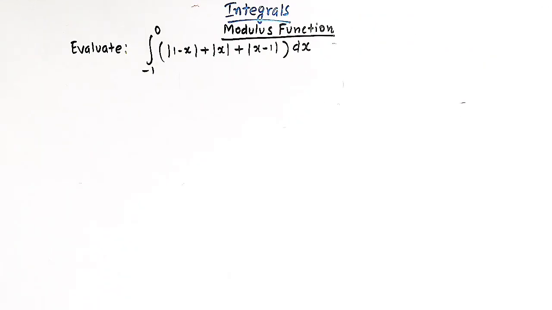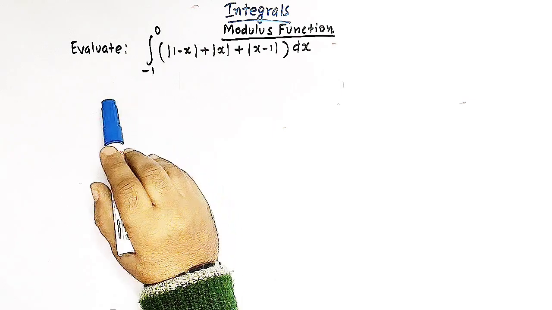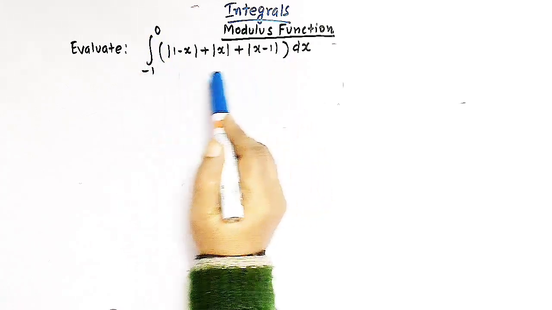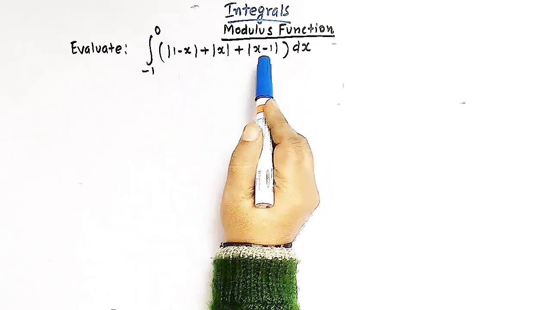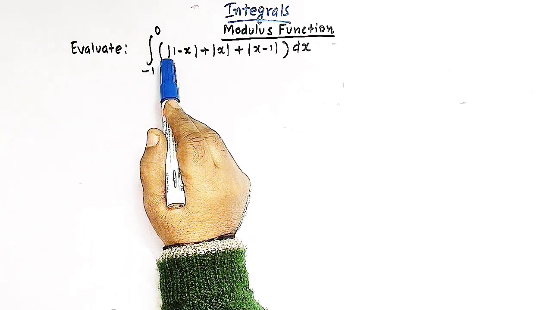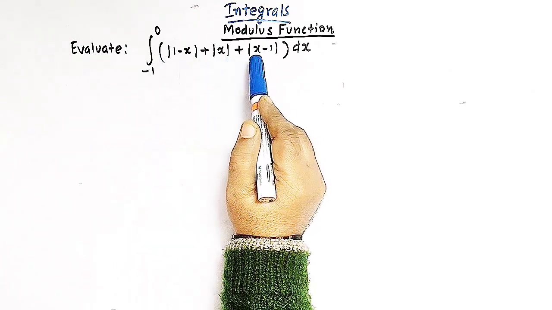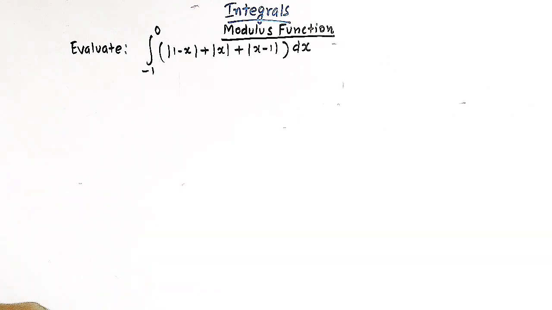Hello viewers, in today's session we are going to discuss an important conceptual problem from integrals involving modulus function, and here we have to evaluate this integral from minus 1 to 0, and the integrand is the sum of three mod functions, that is mod of 1 minus x, then we have mod of x and mod of x minus 1, right?